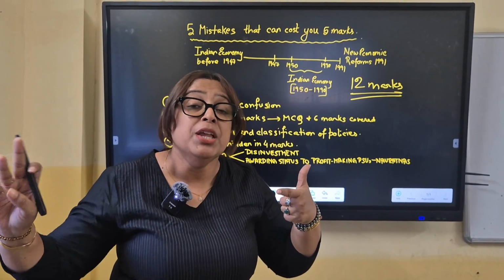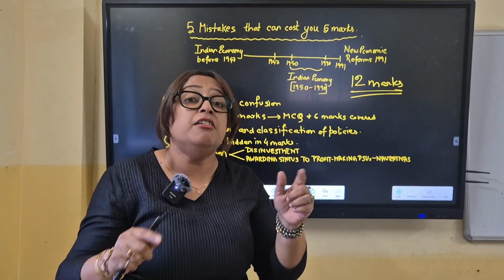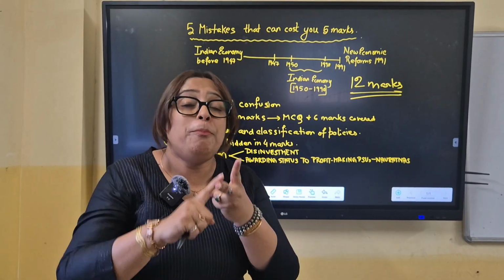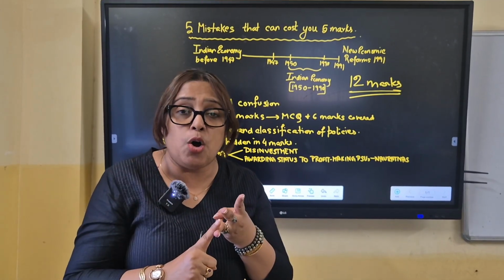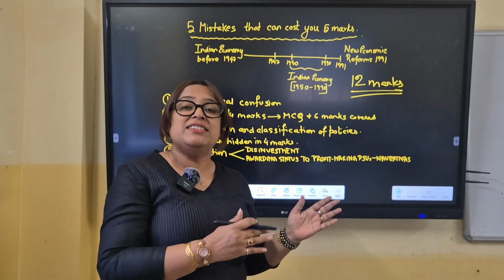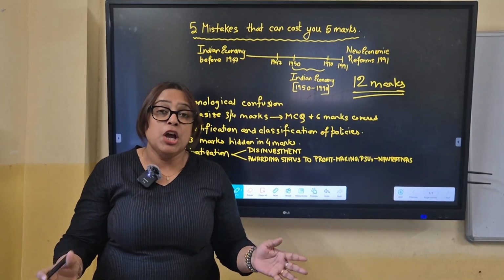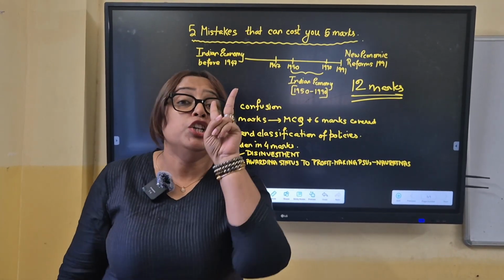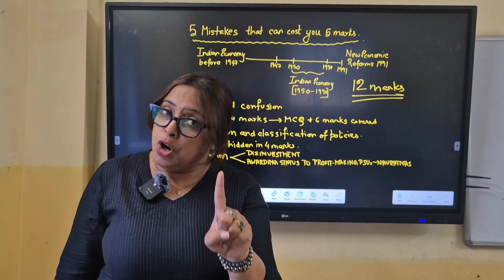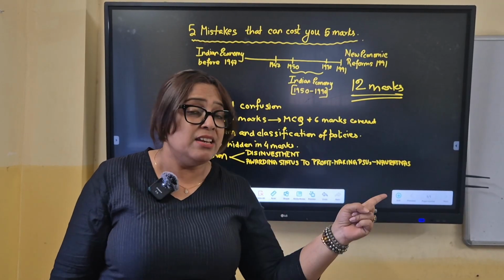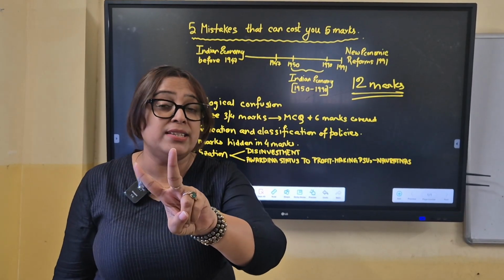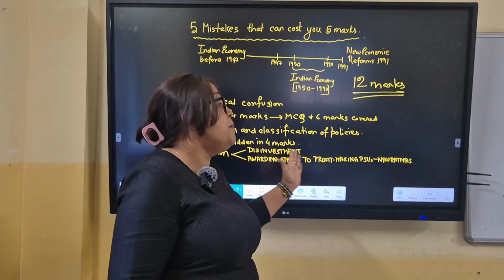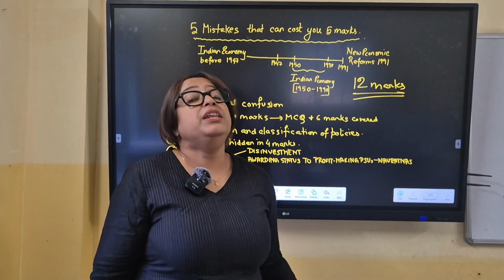Autonomy means freedom. So what are the 3 catchwords here? Financial, operational, managerial autonomy, so that these PSUs can become global players. So privatization is done for 2 things: 1, loss-making PSUs, which is disinvestment, and profit-making PSUs, which is actually giving them the status of Mini Ratna, Maharatna and Navaratna.